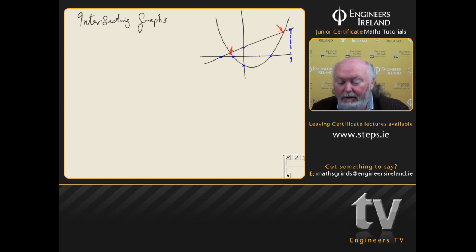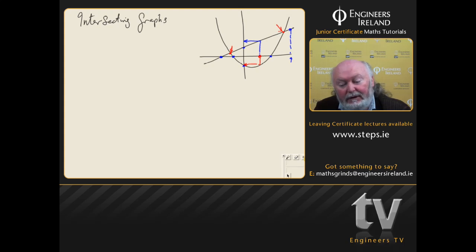For this particular x value over here, when I put it into the quadratic function, what sort of an answer will I get? I'll get this answer. But when I put it into the linear function, the line, I'll get that y value.